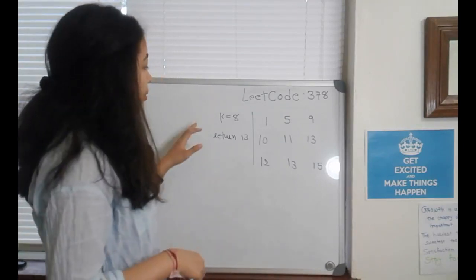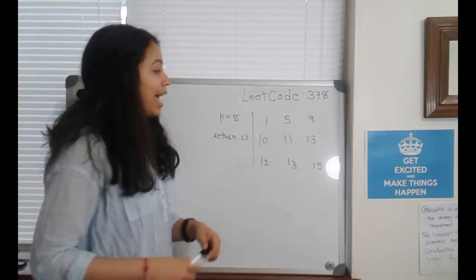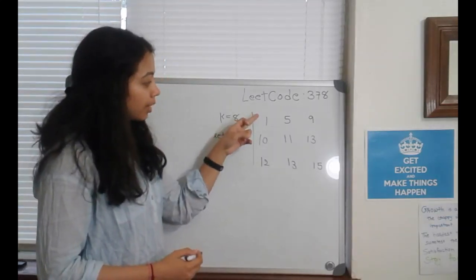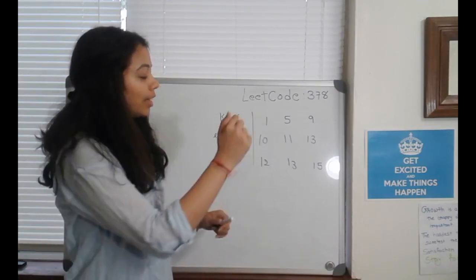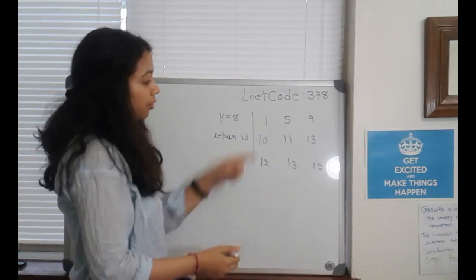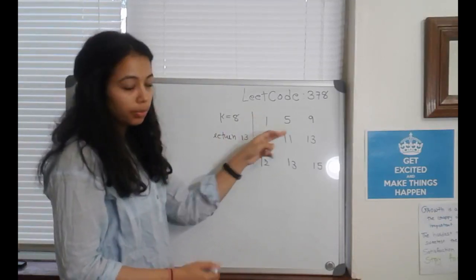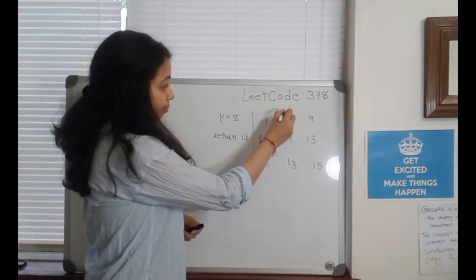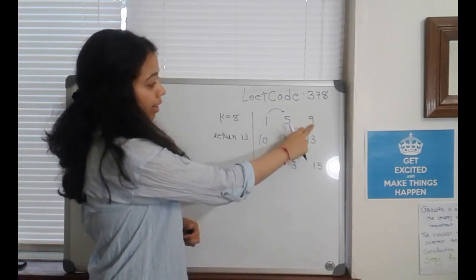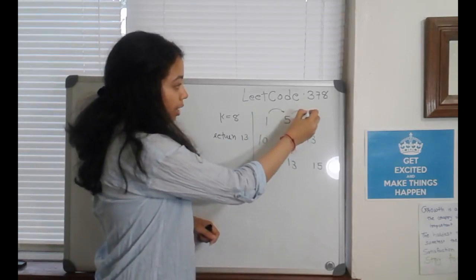So it's really important to understand the question before you try to find a solution. The first thing that came to my mind was, how about at every point you look at the value to the right of it and the value down. If you're at 1, you look at 5 and 10 and you see that 5 is the smaller one, so you would go to 5. At 5 you check 9 and 11 and you see 9 is the smaller one, so you would go to 9.